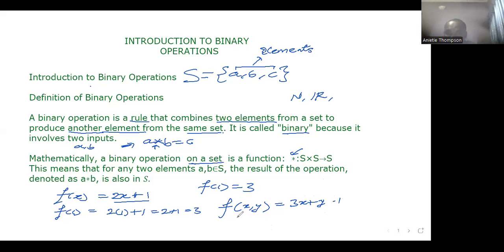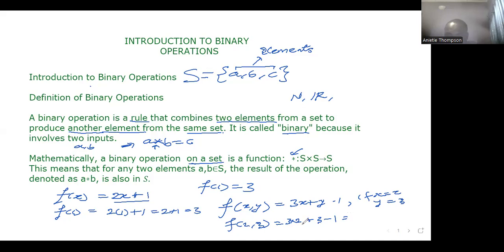If x equals 2 and y equals 3, then f of 2 comma 3 will be equal to 3 times 2 plus 3, then minus 1.